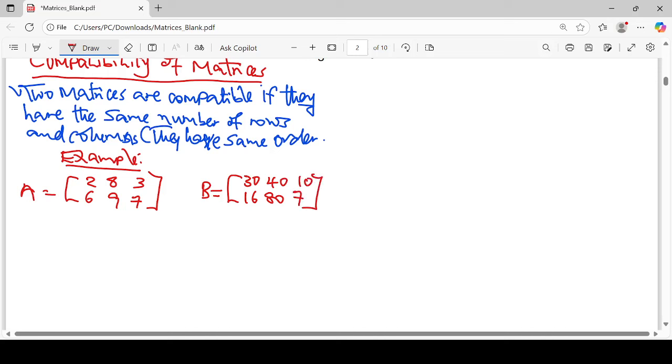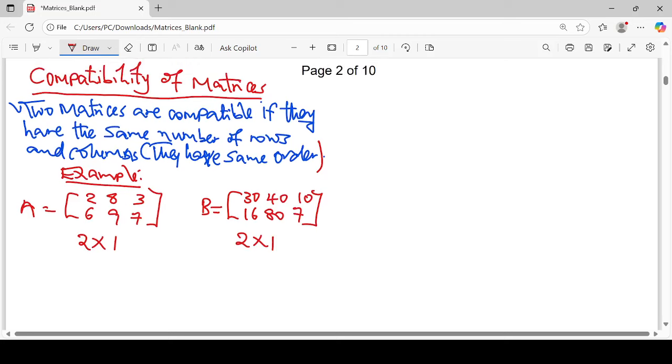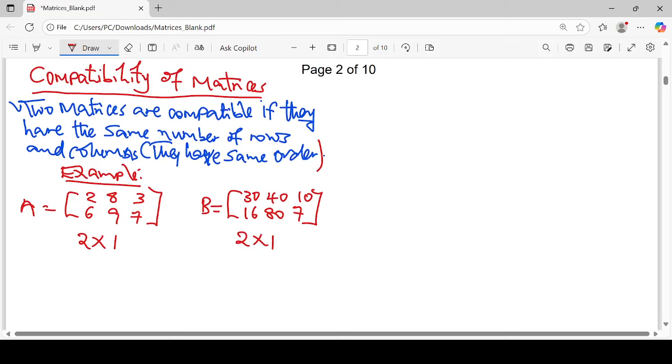When you look at matrix A, the order of matrix A is a 2 by 1 matrix. When you look at matrix B is also a matrix of order 2 by 1 matrix. Because these two matrices, matrix A and matrix B, have the same order, we call these two matrices compatible. And if they are compatible, now you can perform an addition operation or subtraction operation in this matrix.